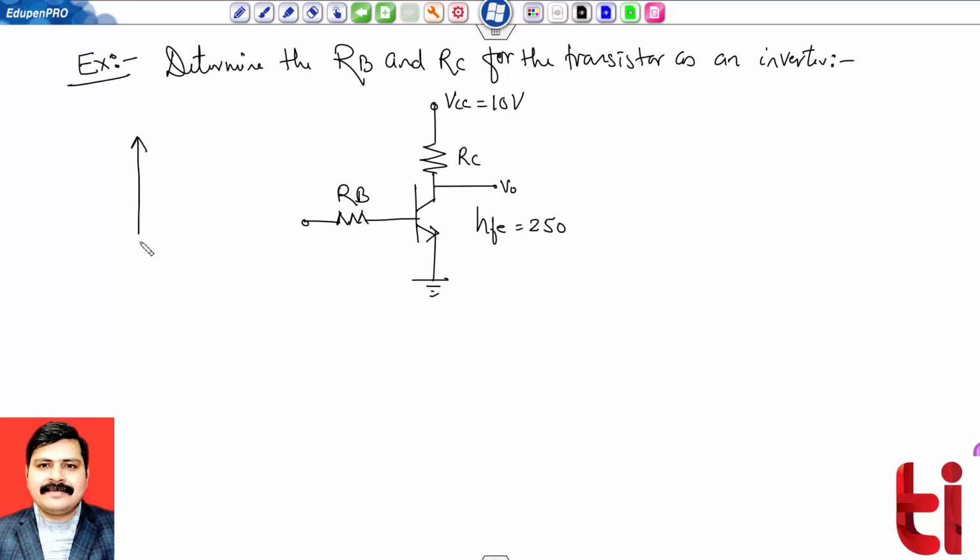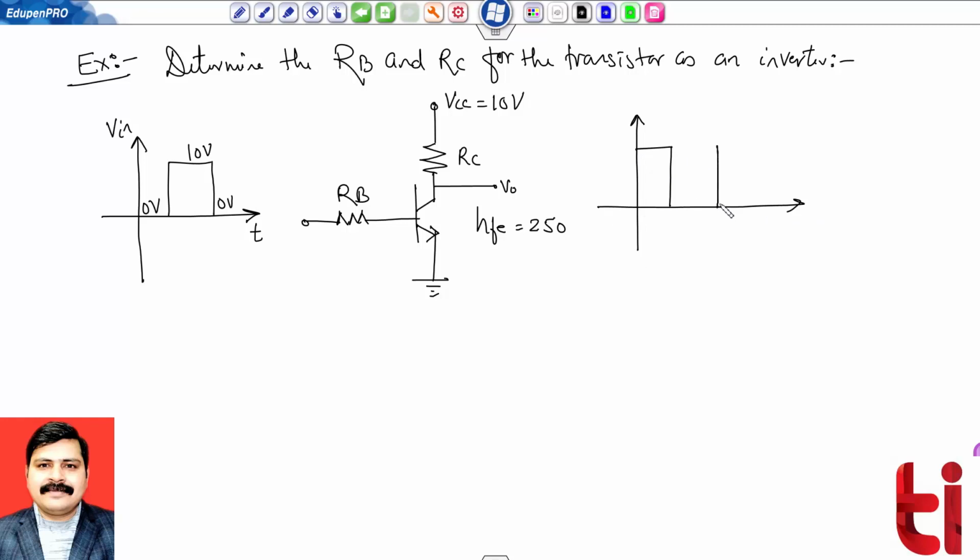Input signal over here is given as 0 volt, and here it is 10. So this is the input given, and the output is also mentioned: 10 volt output, V naught, 10 volt output, and 0 volt over here.